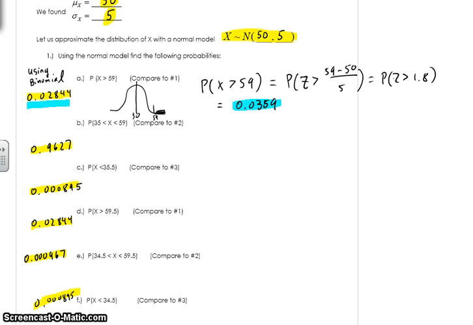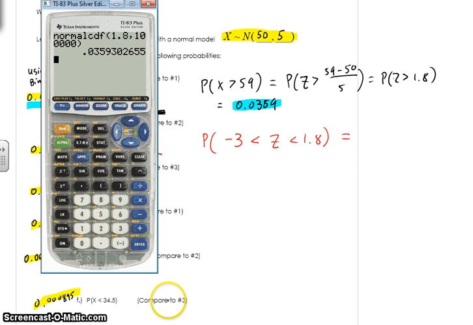Okay, so we do the same thing for part B. We're now finding between 35, which is way over here, and 59. We find those 2 z-scores, and you're going to get that the z-scores are -3, because it's 3 standard deviations below the mean, and we just found 1.8. So again, I'm going to use normal CDF, -3 comma 1.8. I don't need the really big number or anything like that.